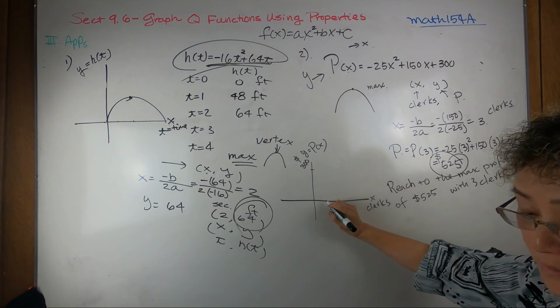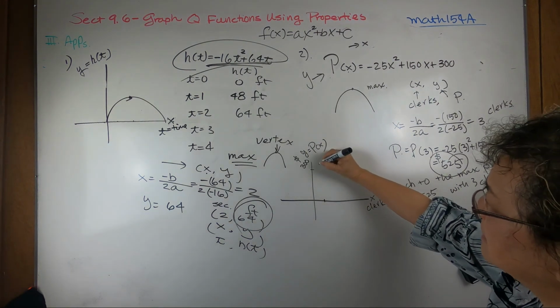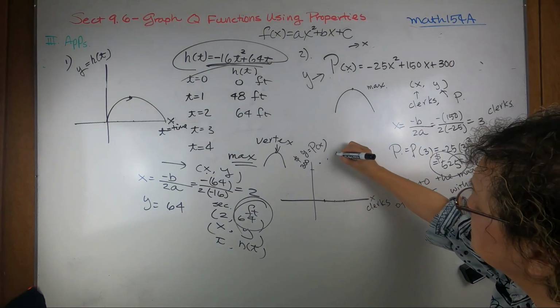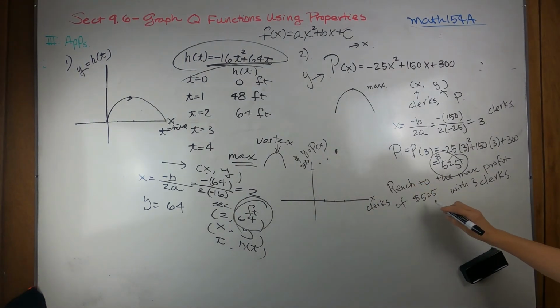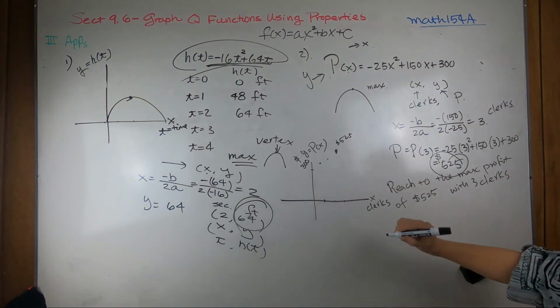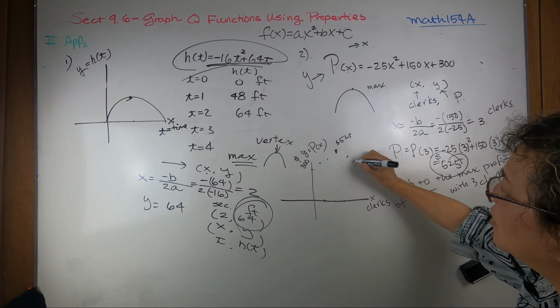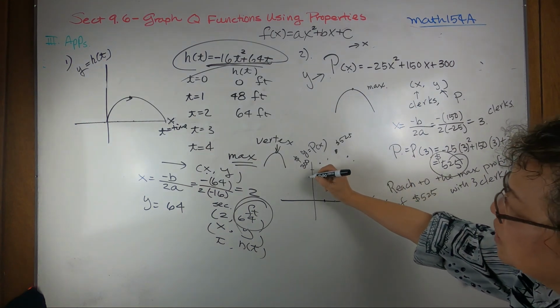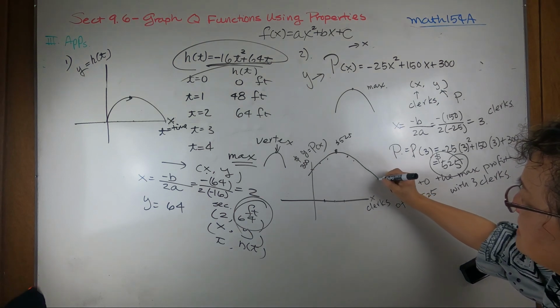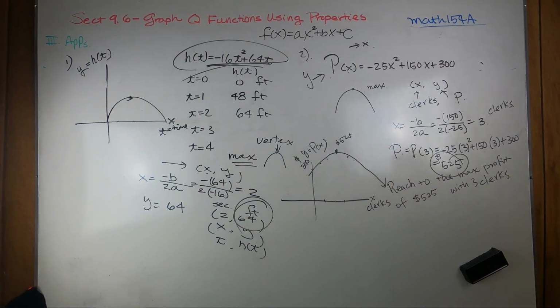If you use 1 clerk, you might make more, 2 make more, 3 is supposed to reach the highest point, 525. Then when you use more people, you have to pay more insurance and expense. You may not have that much business, right?